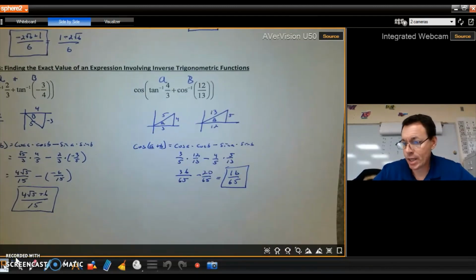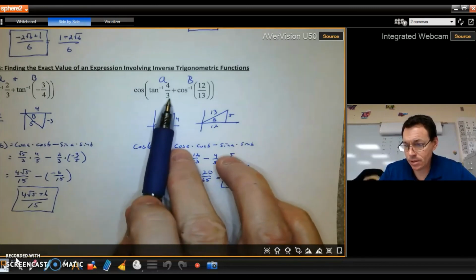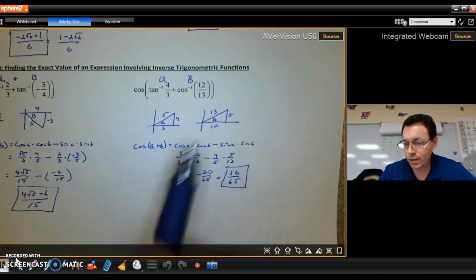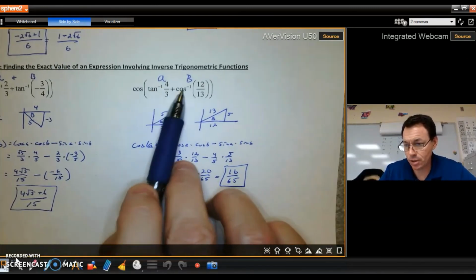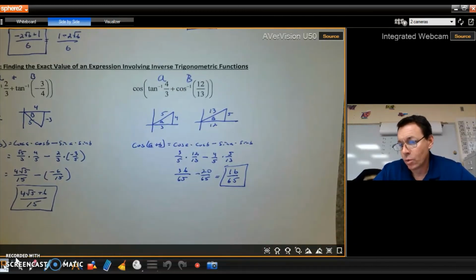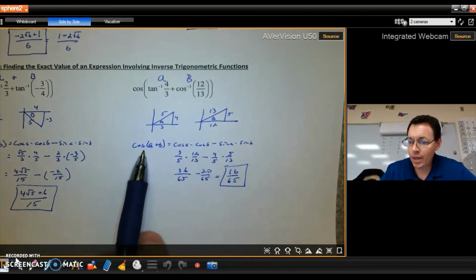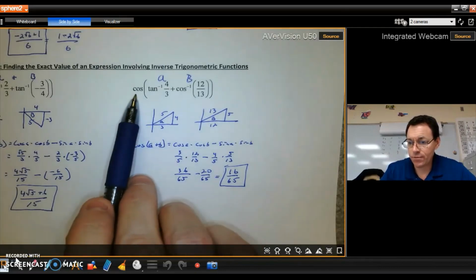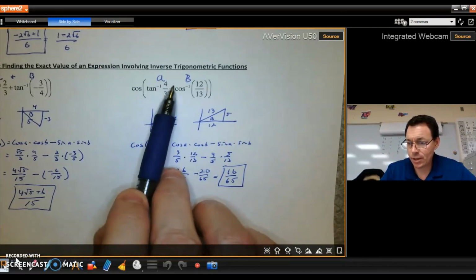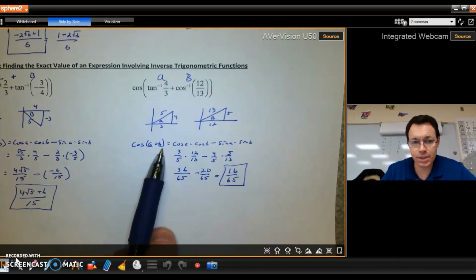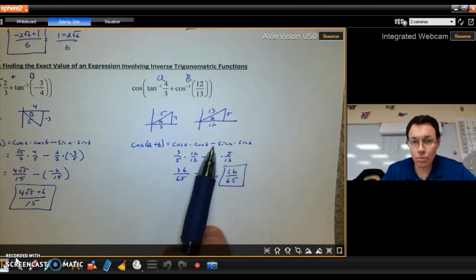All right, so that's what you should have come up with. So look at my triangles. They're both in quadrant 1 because these are both positive, and that's where we're allowed to be if we're using the inverse notation. And then I went ahead and rewrote what we're trying to find. We're trying to find the cosine of this angle plus this angle. So the cosine of A plus B. I then wrote the formula.